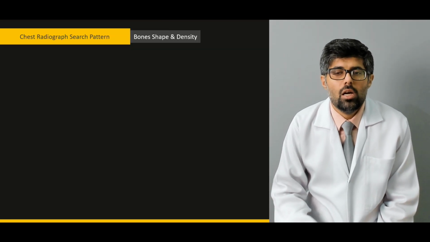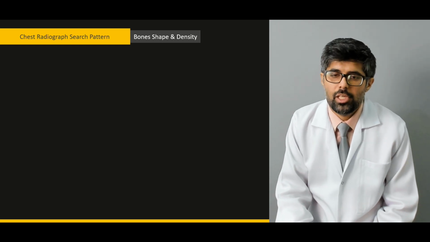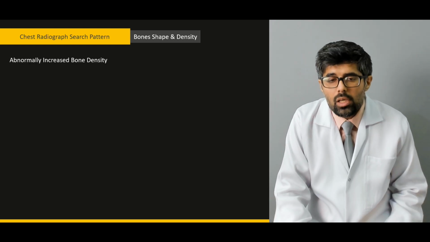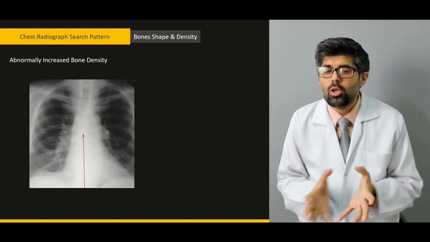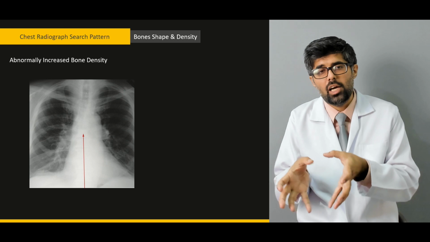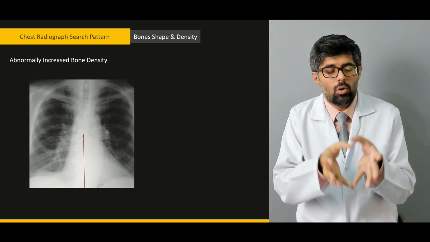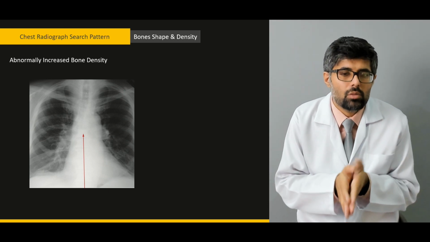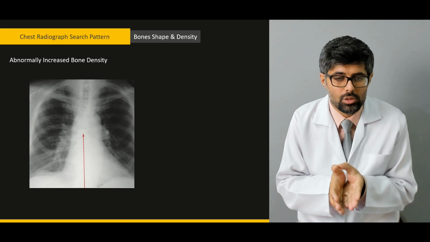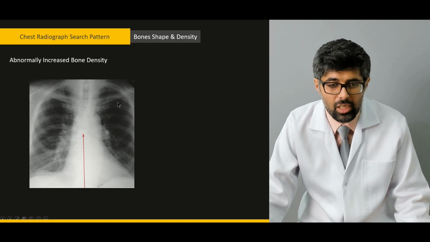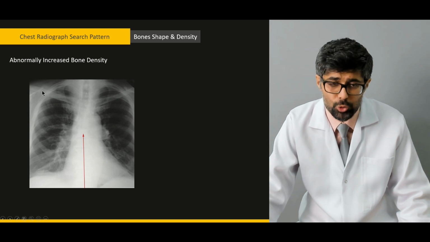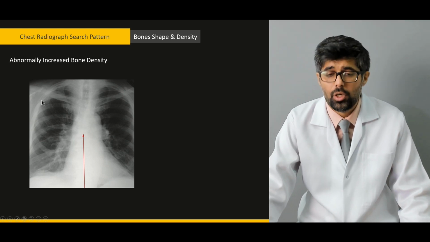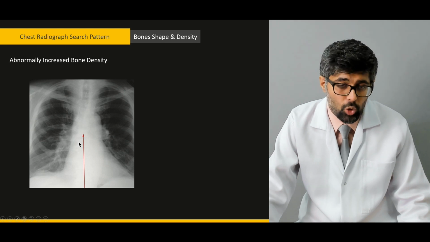Next, we have the bone shape and density. Now, when looking at the chest X-ray, we do not only look at the lungs, the diaphragm, or the heart, we also look at the bones, because we have the clavicle, the intercostal bones, the shoulder joints, the acromion joint, vertebral column.